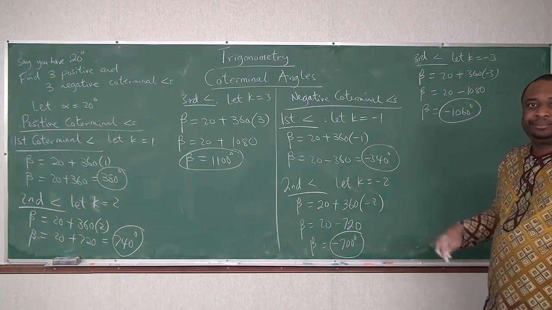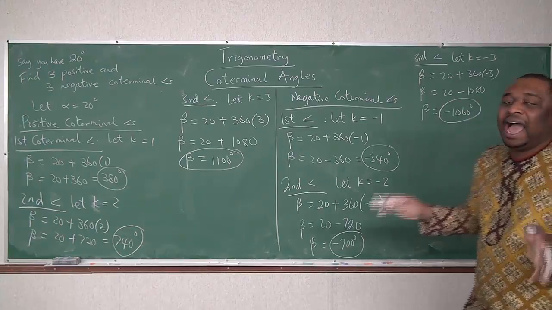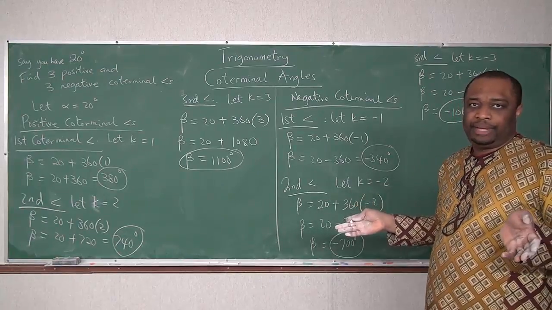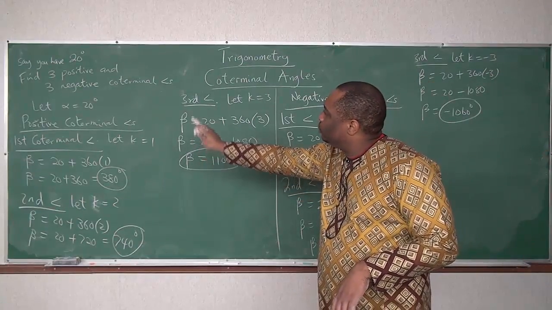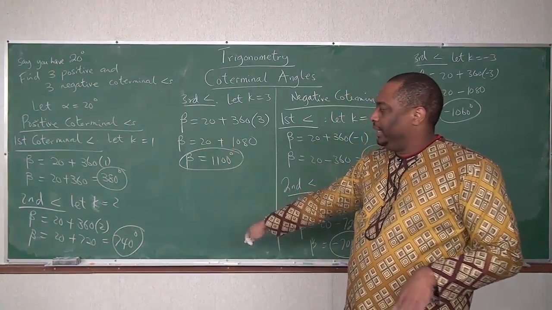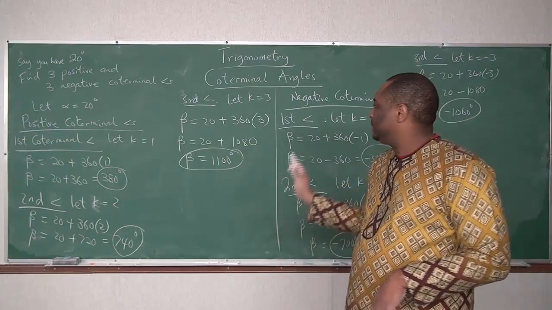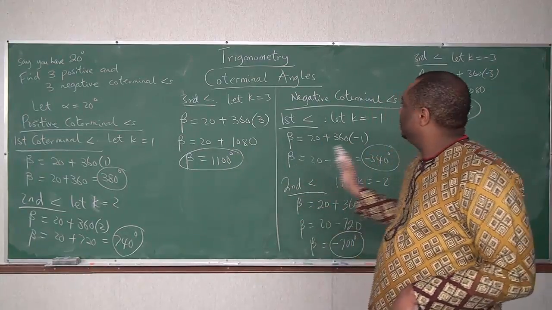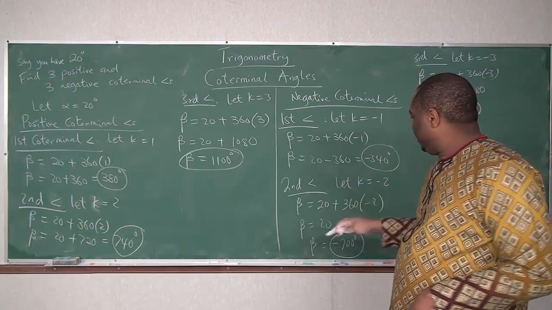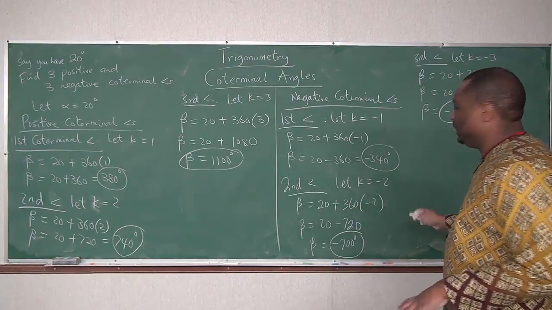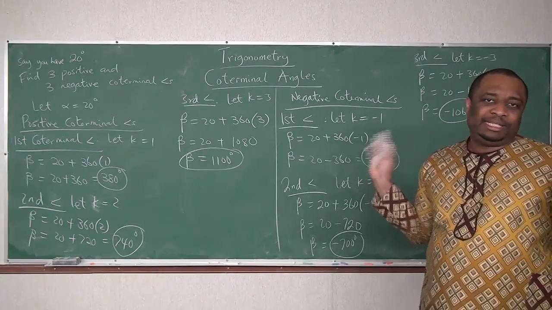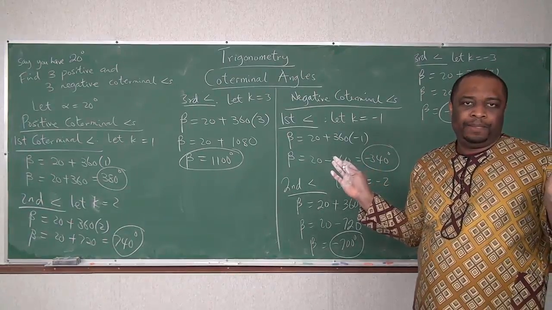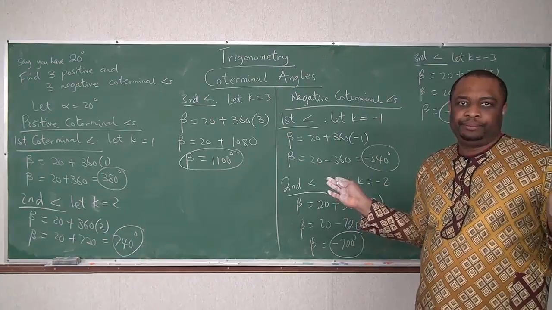So you see that they are in the same quadrant, like we mentioned earlier. 20 degrees, 380 degrees, 740 degrees, 1100 degrees, negative 340 degrees, negative 700 degrees, negative 1060 degrees, all in the same quadrant.